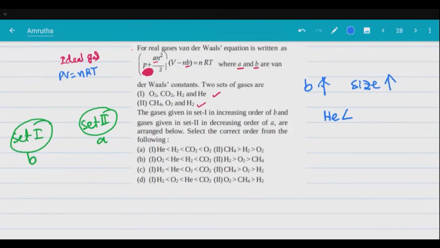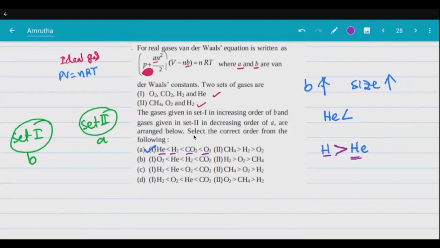Only one option matches. Hydrogen also we have, but H and helium, helium is smallest. Left to right, size decreases. If you compare size, hydrogen is more, helium is less. So the first option is matching: helium, hydrogen, CO2, O2.